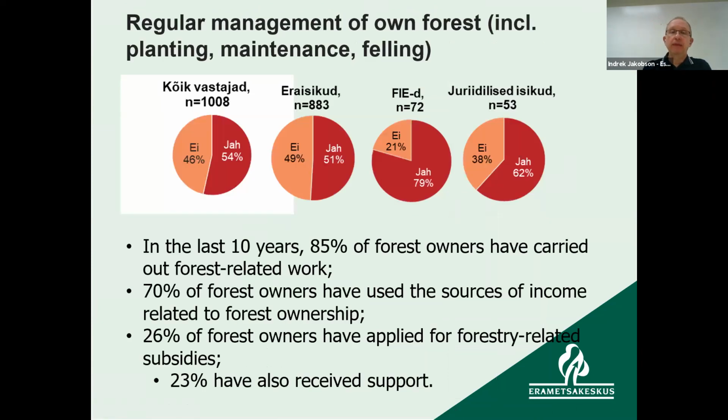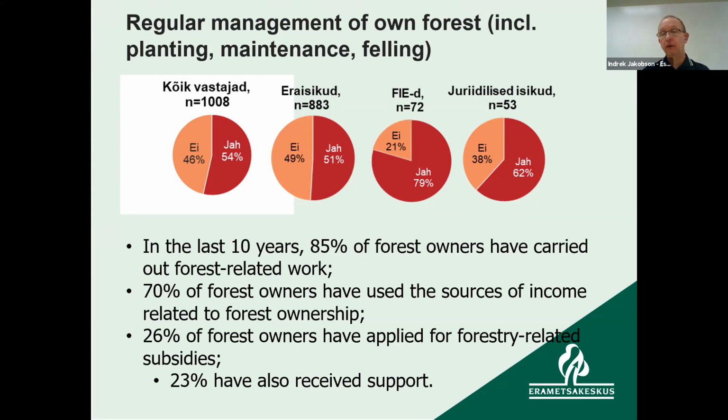So we have told a lot about the management of own forest and the percentage of people doing it. So only 55% of forest owners have done regular management processes. I mean, planting, maintenance, felling, or whatever doing in his or her forest.